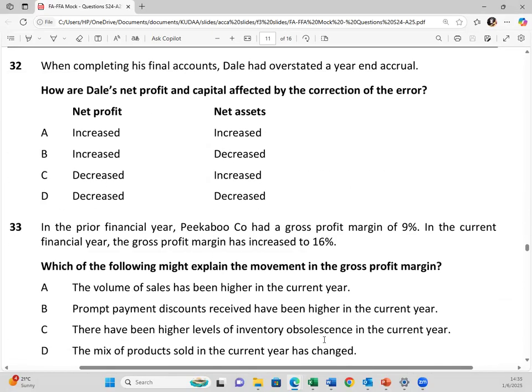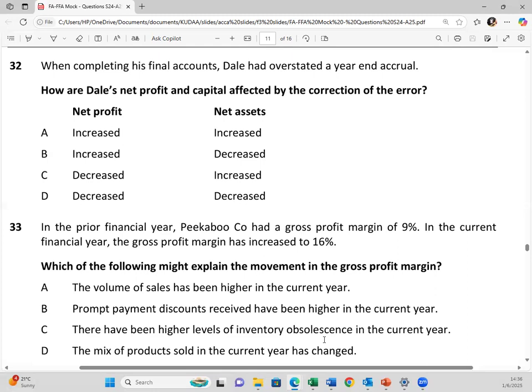Then number 32: when completing his final accounts, Dale had overstated year-end accruals. How are Dale's net profit and capital affected by the correction of the error?